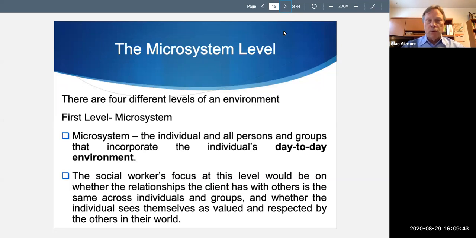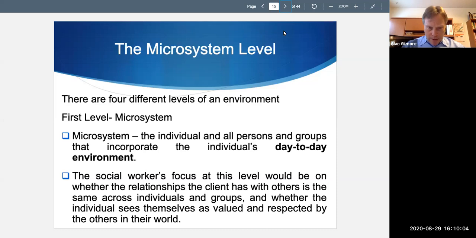You could be using this with family members if you want to do, but the microsystem starts with the individual, and it's recognizing all of the people and the groups that incorporate that individual's day-to-day environment. So these are the people that you're seeing every single day.